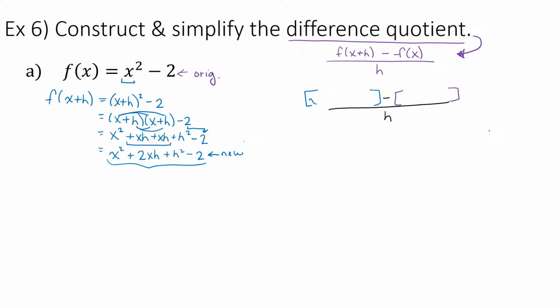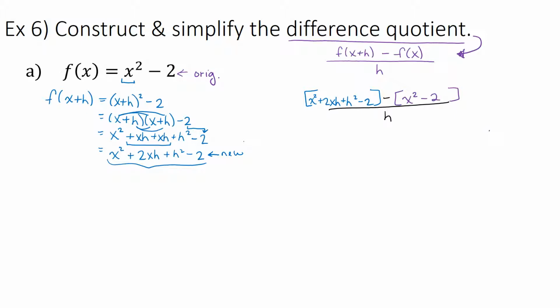And so carefully we write x squared plus 2xh plus h squared minus 2. And then now we carefully plug in our original function, which was x squared minus 2.